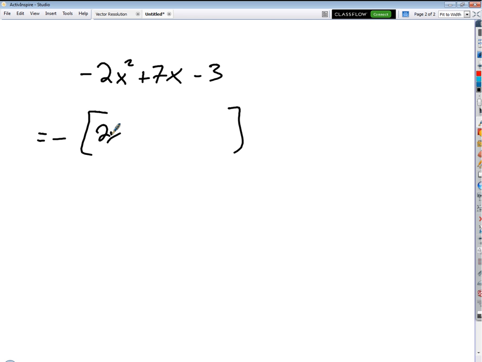Positive 2x squared minus 7x plus 3. Okay, so then when we're done, we're going to do bottoms up on this, and you know how to do bottoms up, that's fine. But when we're all done, bottoms up is going to spit out different factors. What do I do with this minus sign? I would just leave it out front.